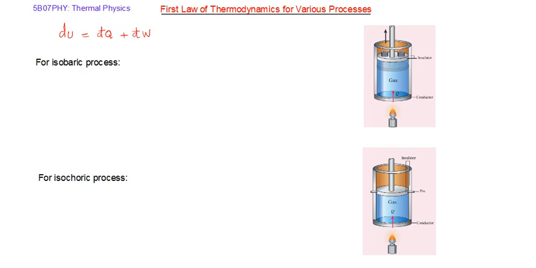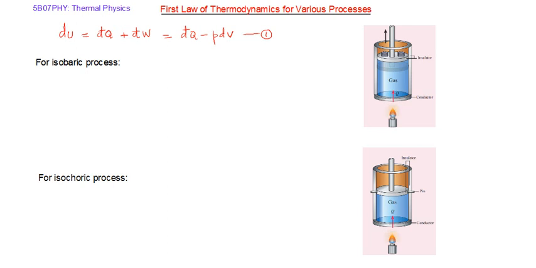Now, as we have taken hydrostatic systems as the example, this equation is further modified as dU equals d bar q minus P dV. So that is our equation to begin with.